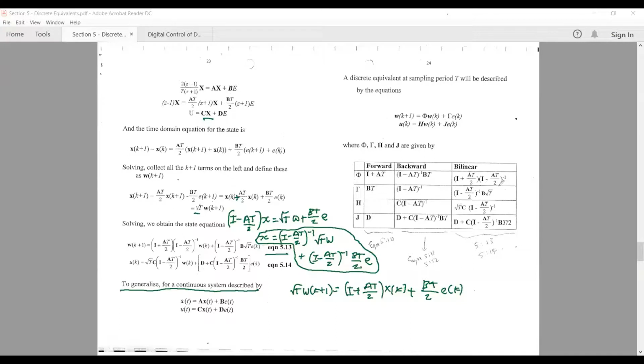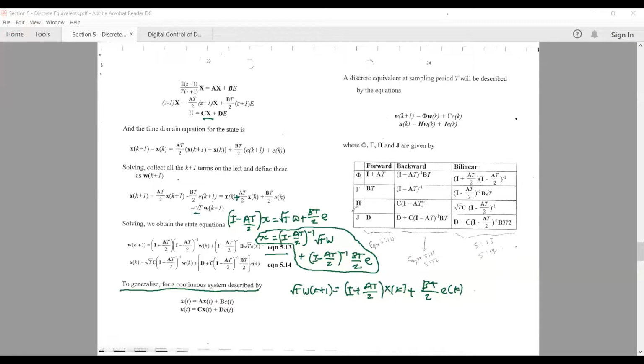So for bilinear rule, this is what we get as phi. Gamma, for forward rule, we get it as BT. For backward, we got it as I minus AT whole thing inverse times B times T, and for bilinear or trapezoidal we got it as I minus AT over 2 inverse times B times root of T. So this is my gamma.